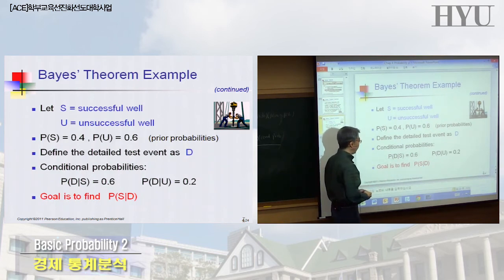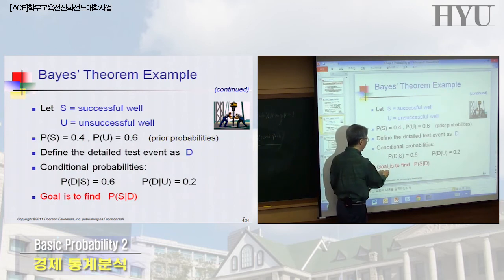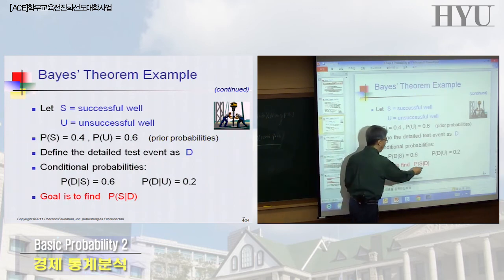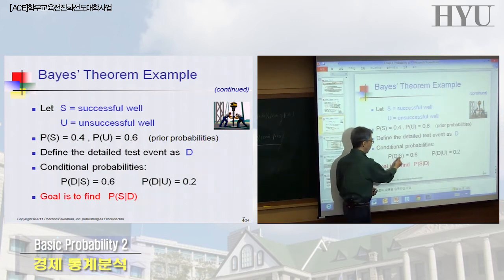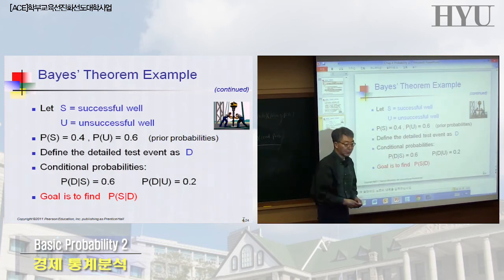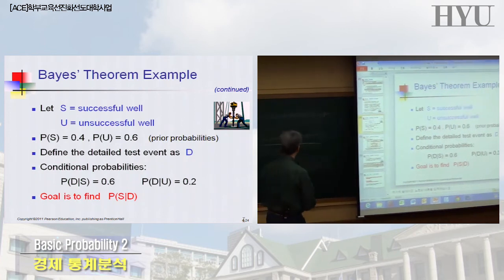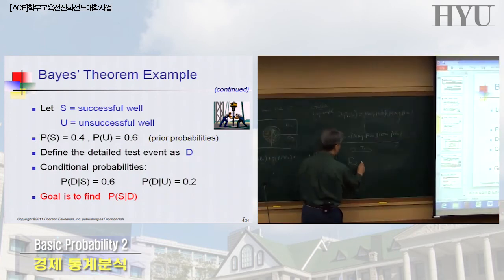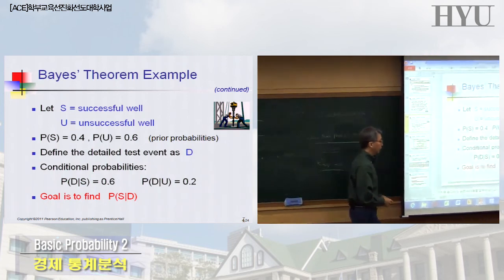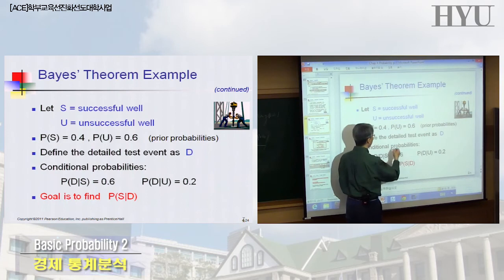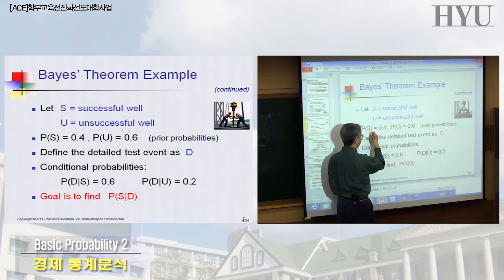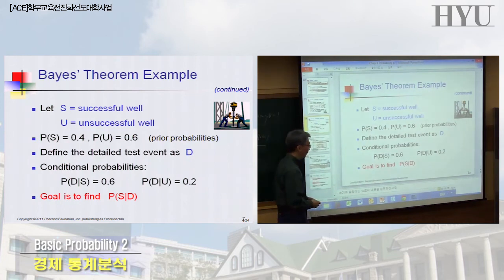Based on that, we're trying to find what's called the revised probability. So based on the new information, we're trying to revise the prior probability and come up with the revised probability.